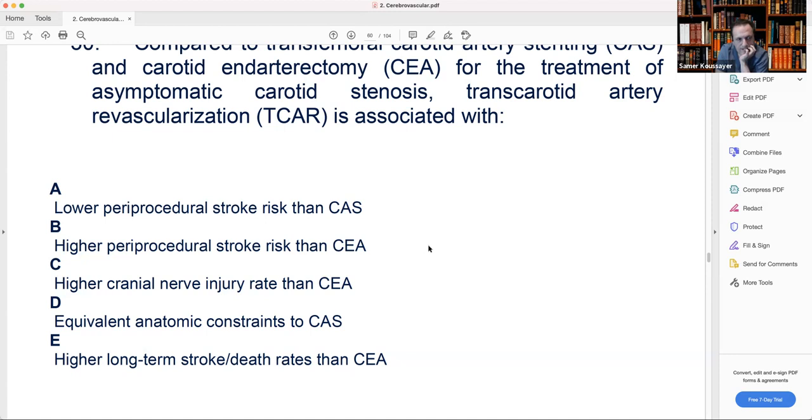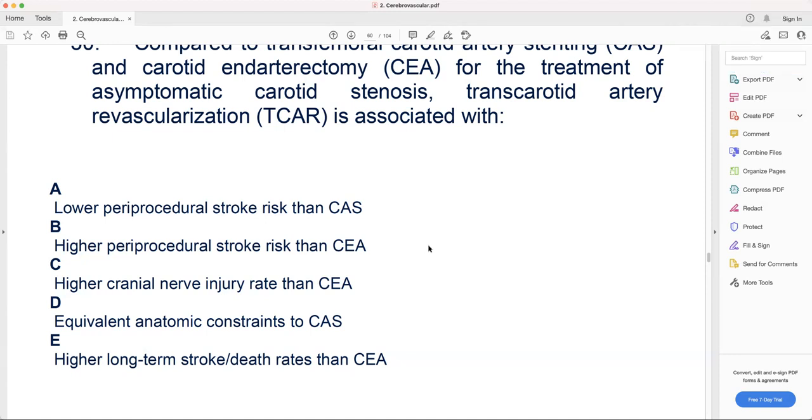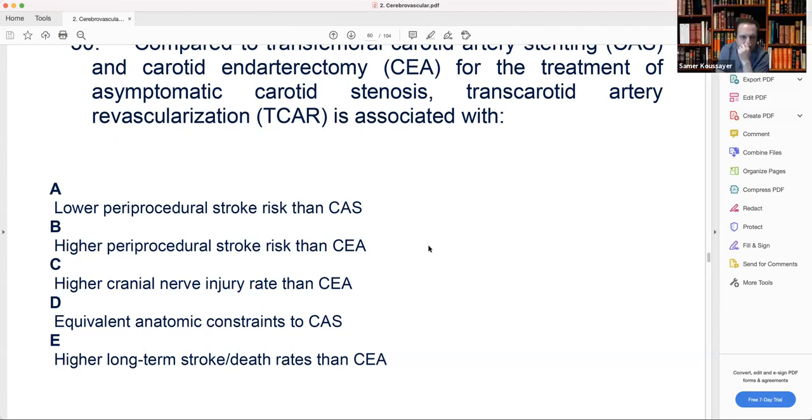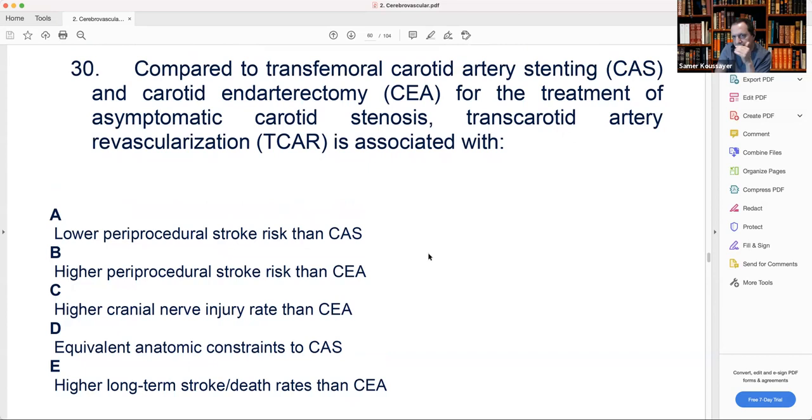Okay. So, lower peri-procedural stroke risk than CAS. Yes, according to the discussion. Correct. Higher peri-procedural stroke risk than carotid endarterectomy? No. Because you see, when they compared CAS and surgery, CAS had a higher chance of stroke than surgery, if you just look at the stroke.